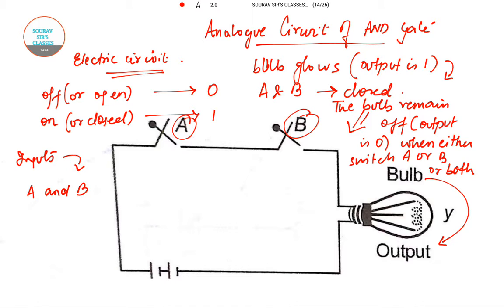In all the 3 cases we will have output equal to 0. Only when both the switches are closed we will have output equal to 1. That means the bulb will glow. So this is all about the realization of AND gate. In our next tutorial we'll continue with this and talk about NOT gate.